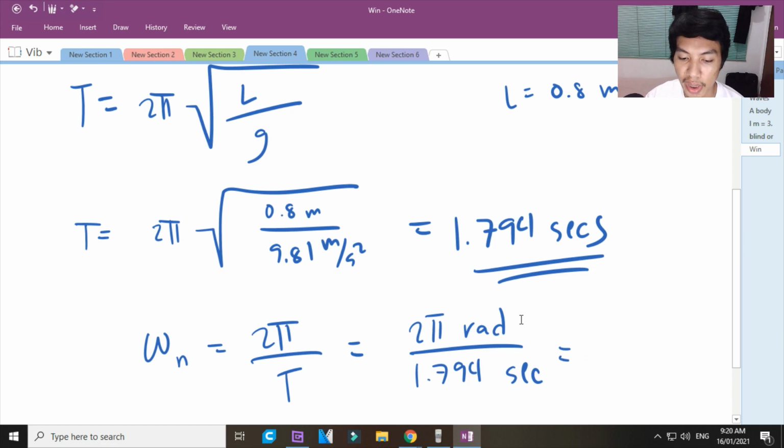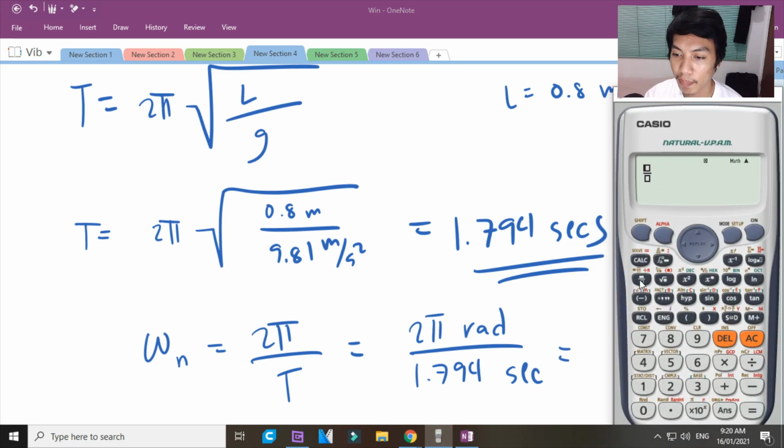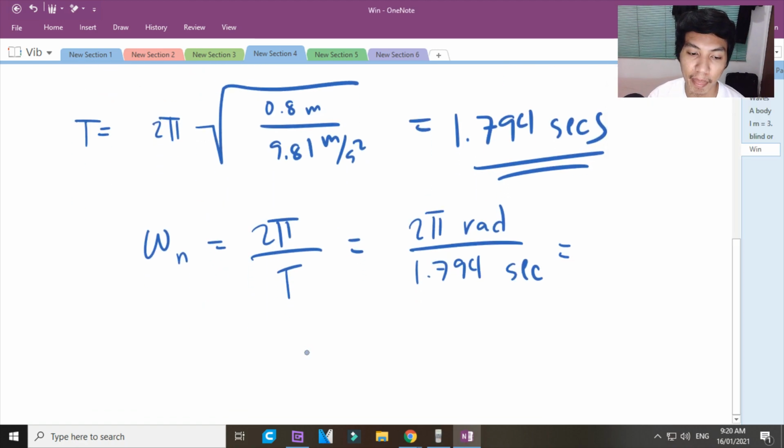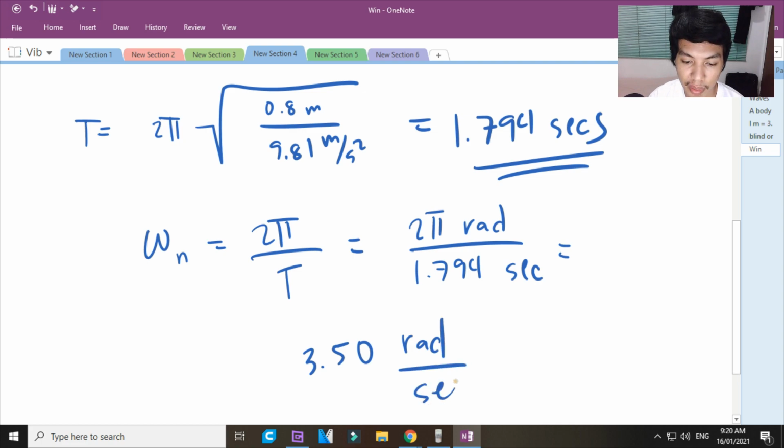The answer is 2 pi divided by 1.794. So, that is 3.5 radian per second.